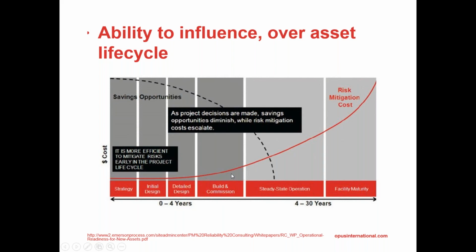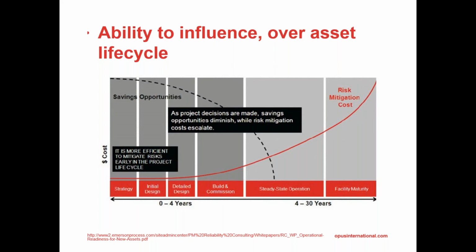But over time, your cost to mitigate any risks increase dramatically. At the same time, what I was discussing in the previous slide, with the dotted black line, you can see that your opportunities for creating savings are very high at the very beginning, but they quickly drop off as well.